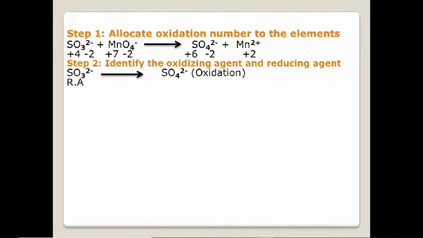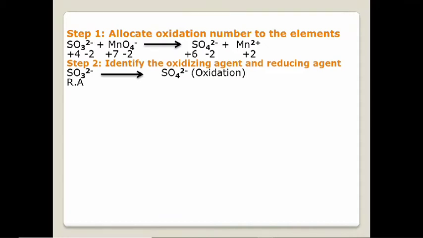Okay, now we've known our reducing agent. The next step is to find the oxidizing agent. Let's take a look at the counterpart of sulfite ion in the reactant side. Its counterpart is permanganate ion. Permanganate ion, on getting to the product side, is now a manganese ion. That is, it has lost 4 atoms of oxygen, and that is said to be reduction.